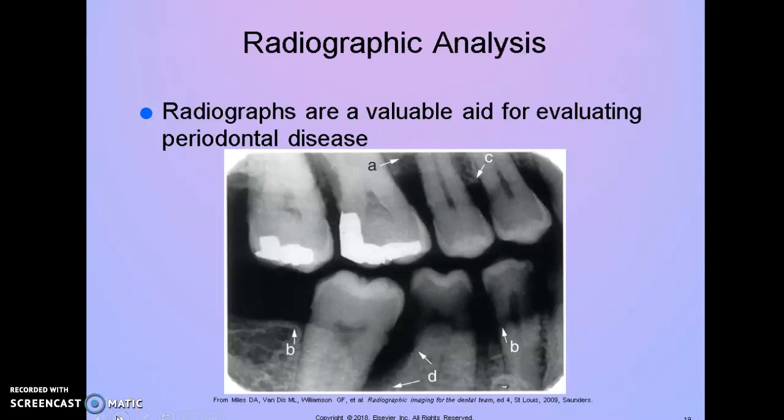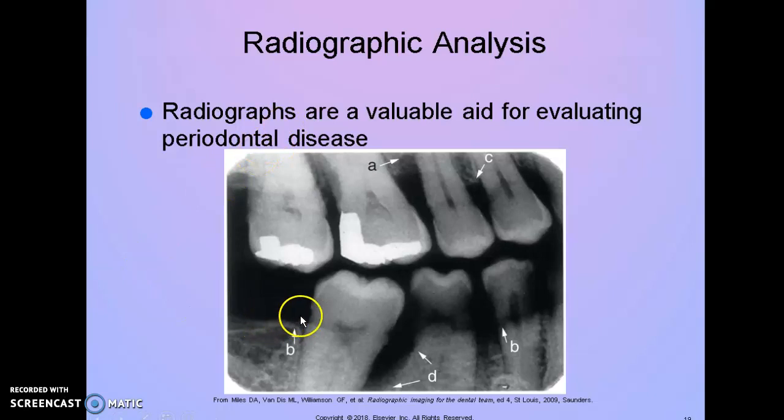We can also look at their radiographs. These radiographs are a very valuable aid for evaluating periodontal disease. So this is a horizontal image, and this is why a lot of doctors and hygienists like to look at vertical bite wings to really check and see how far that disease has progressed.